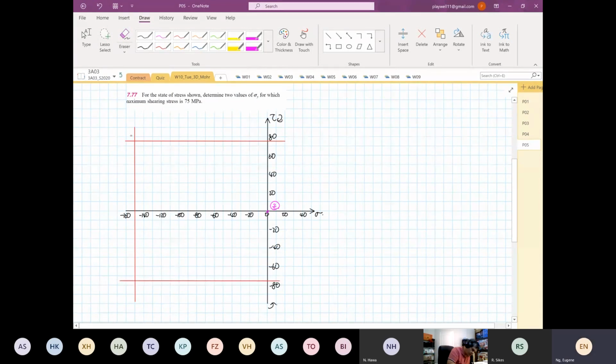So anything out here, bad news. So we know that one point we have is we have our 70 line. And we also know, remember, stress Y has to pass through the 40 line also, yeah? It has to.